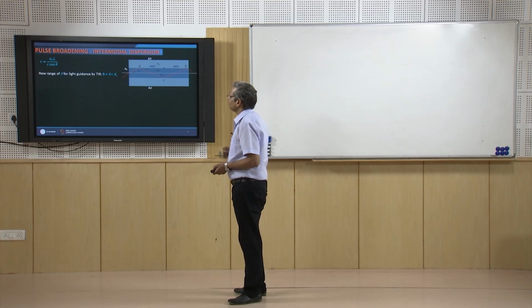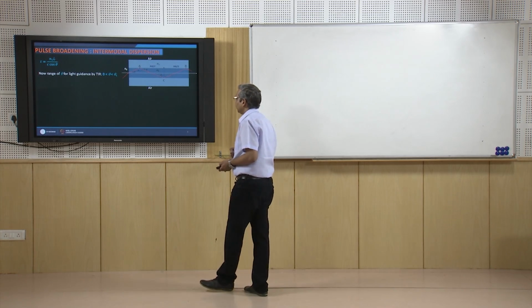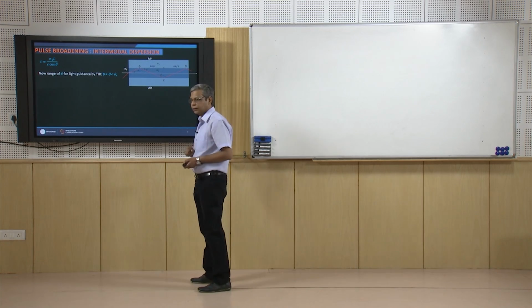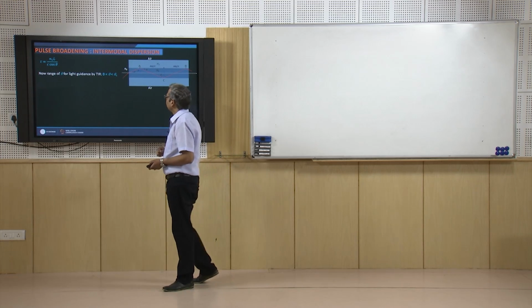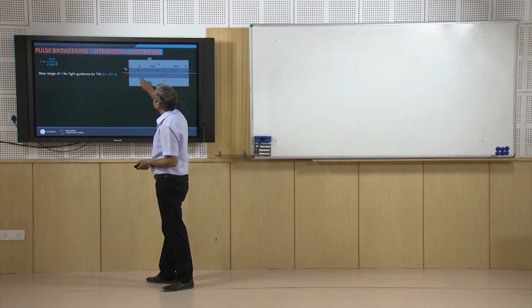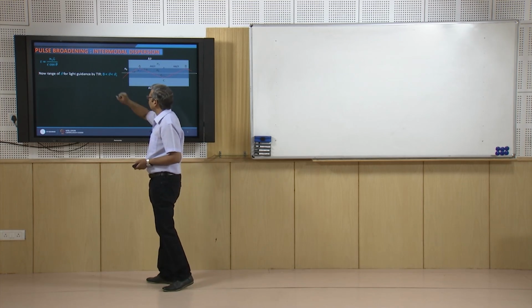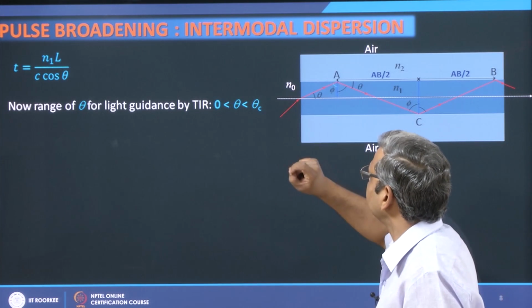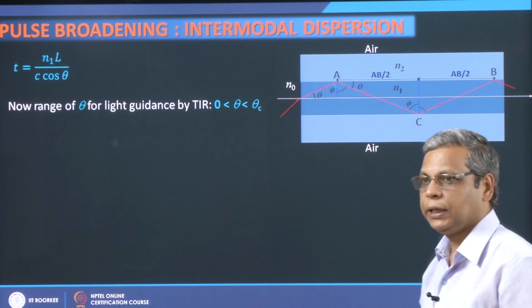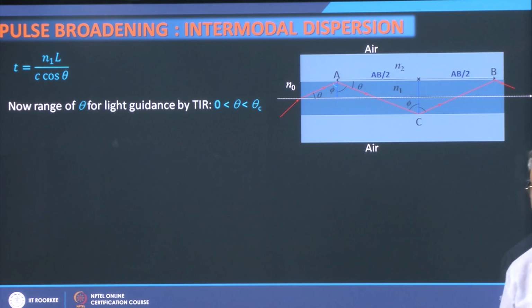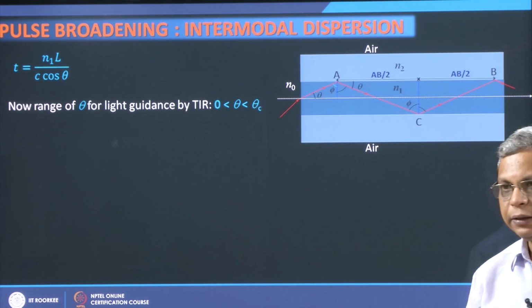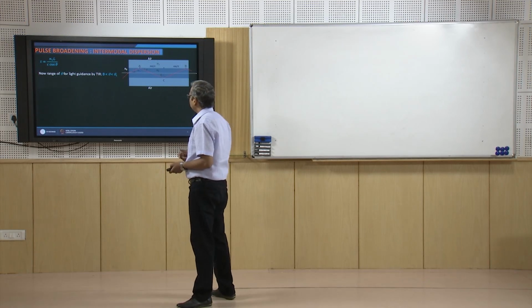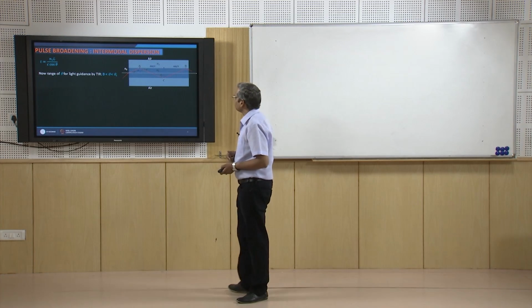Now what is the range of theta for light guidance by total internal reflection? You can have an axial ray which corresponds to theta equal to 0, and then you can have a ray which corresponds to theta equal to theta c, which in turn corresponds to the critical angle.